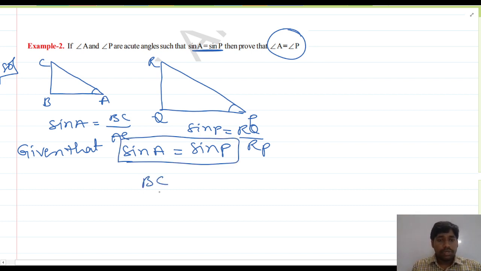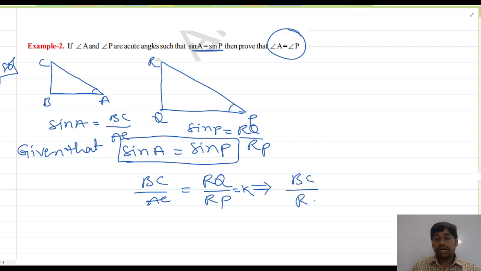That means BC by AC is equal to RQ by RP. I can say that the side ratios are equal to some constant k. If you interchange their sides, BC upon RQ is also equal to AC by RP. Simply I interchanged this position. I did only one thing, and it is equal to k.